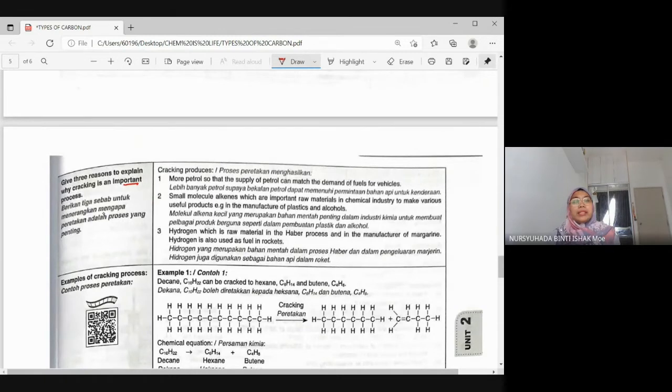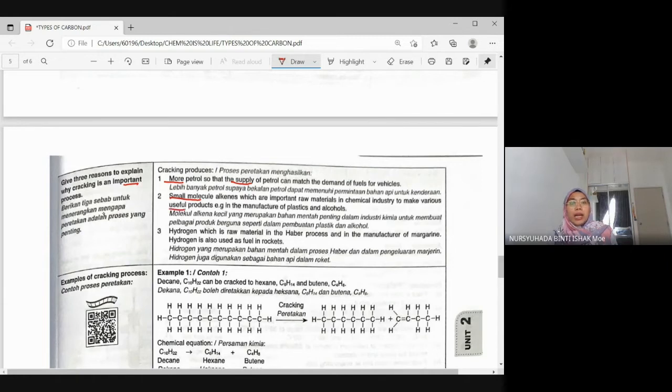Alright, give reason to explain why cracking is very important process. So, kenapa cracking ni perlu? Kita dah tahu dah, cracking ni dia akan pecahkan larger hydrocarbon into smaller hydrocarbon kan. So more petrol produce and then kita boleh supply. Okay, next, more molecule alkane which are important raw material in chemical industry make various useful.